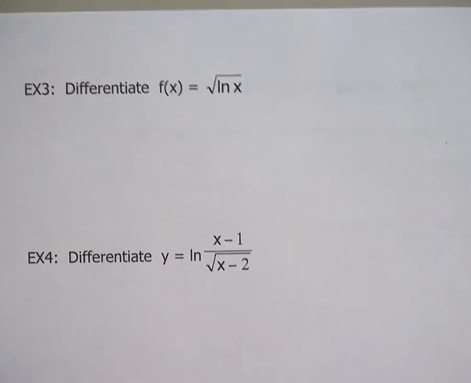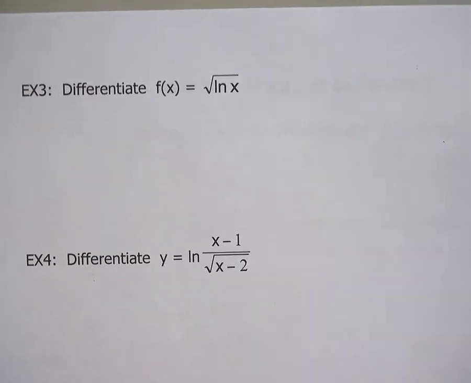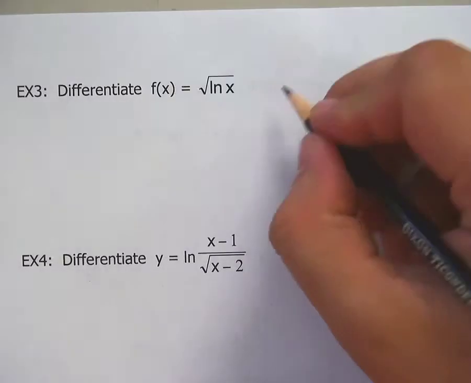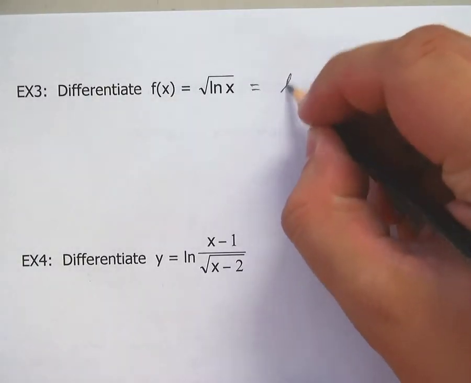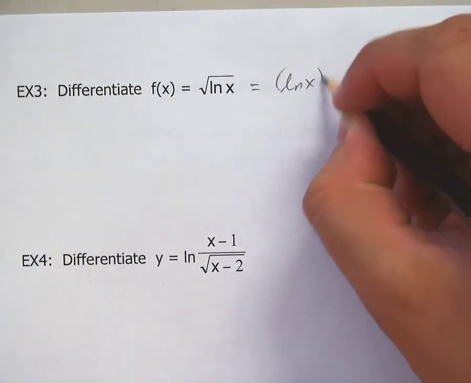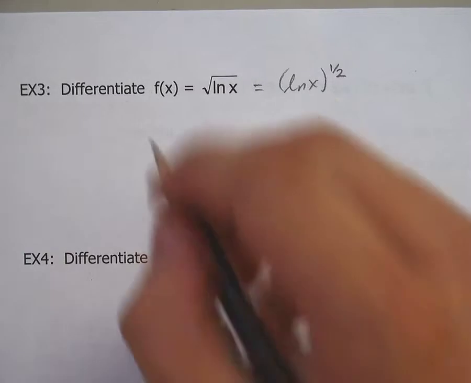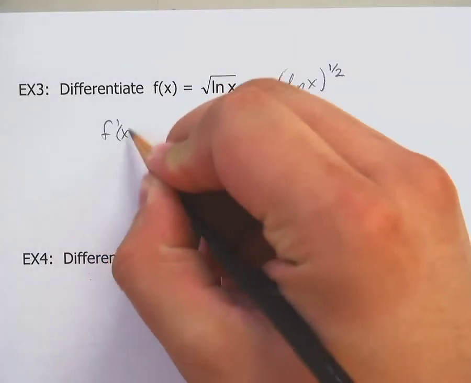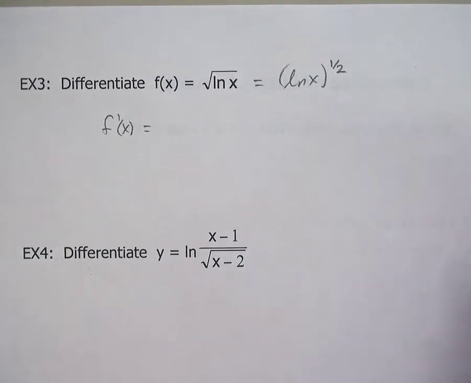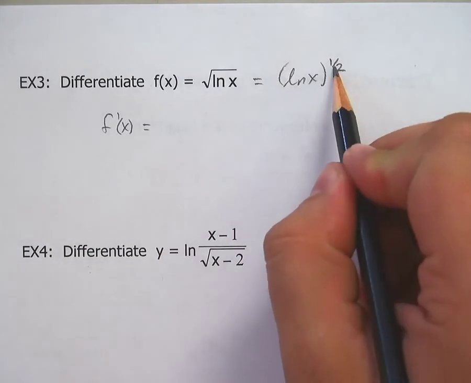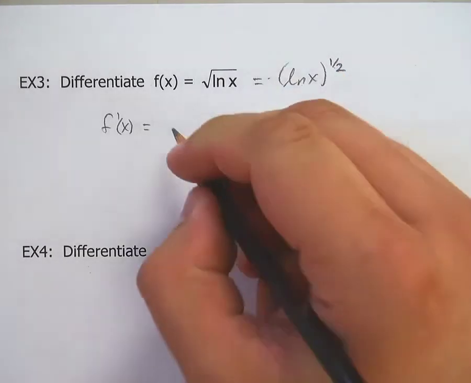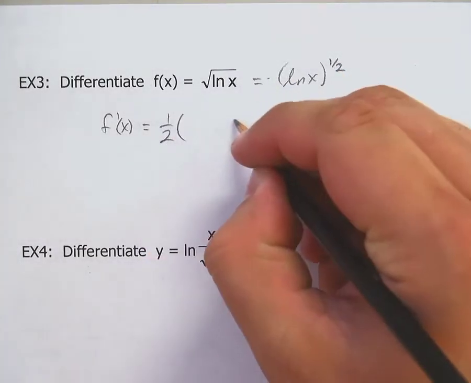Example number 3 here, we have the square root of the natural log of x. So the first thing that I'm going to do is rewrite this as the natural log of x all to the 1/2 power. So now I've created a chain rule. So f prime of x here, we're going to bring down our 1/2, right?